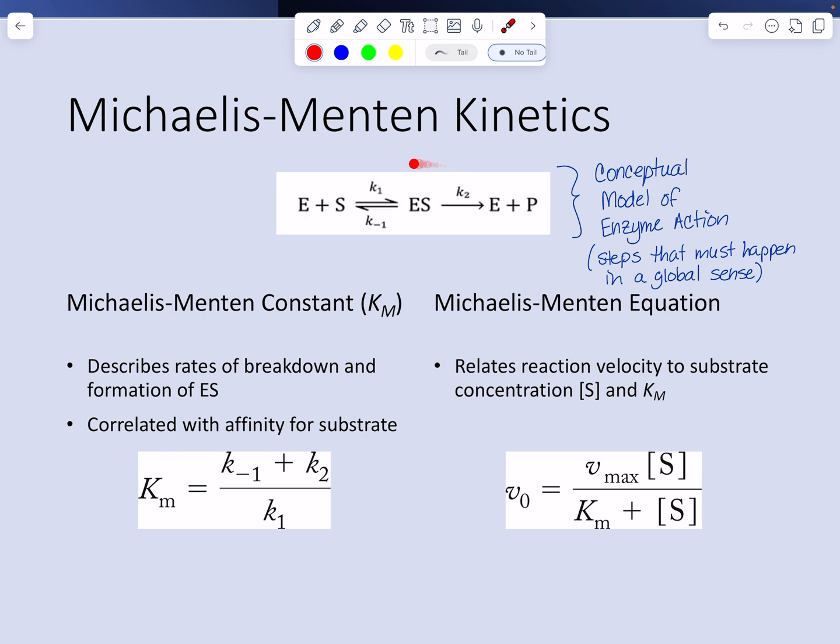So we made certain assumptions about, for example, this reaction right here essentially being irreversible. So much favored in the forward direction that we don't really see enzyme and product recombining to form an enzyme substrate complex.